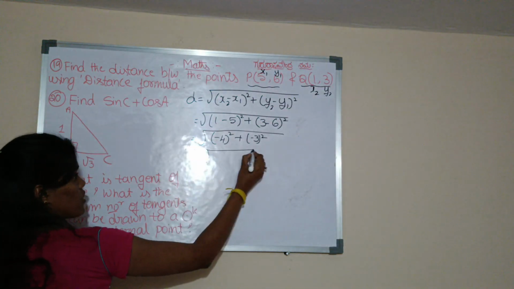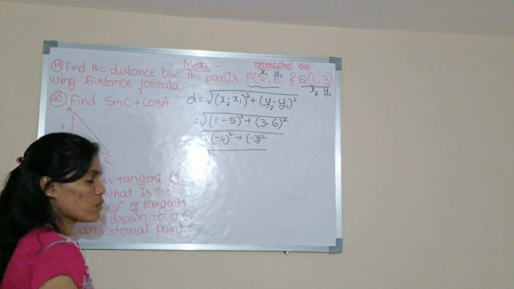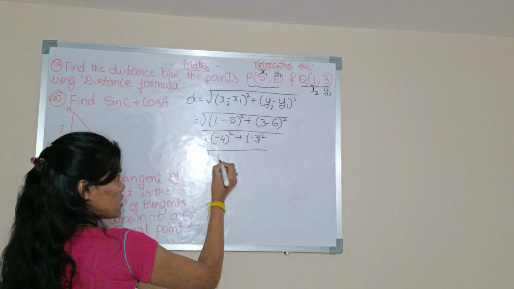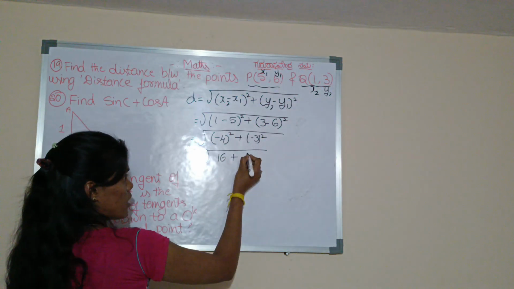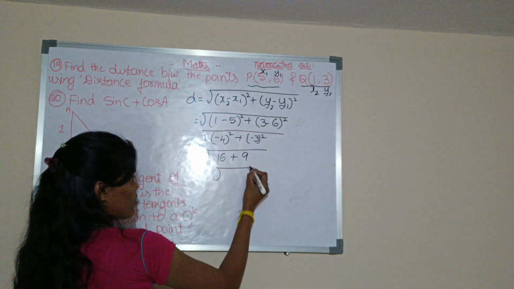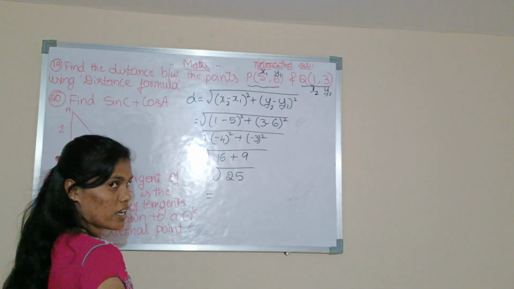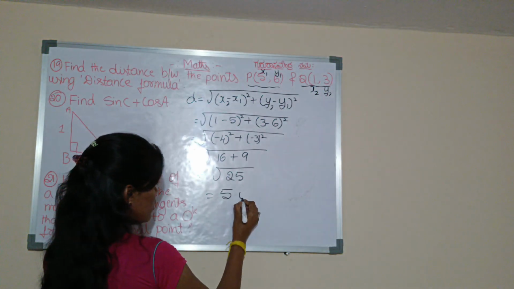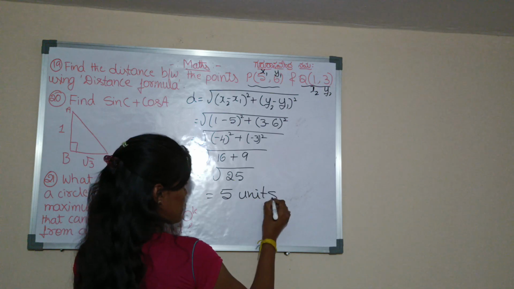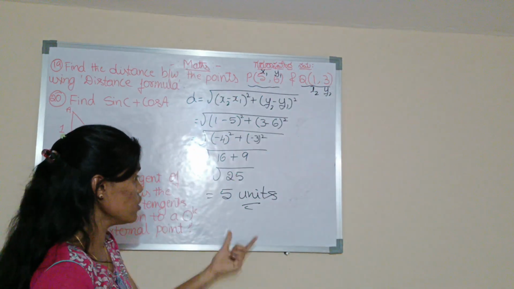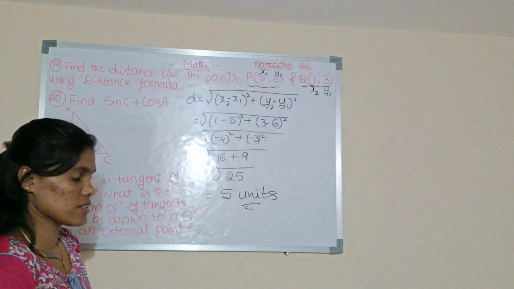Minus 4 into minus 4 is 16. 3 square is 9. Square root of 16 plus 9, that is 25. 25 is a square number, that is 5. So the distance between these 2 points, P and Q, is 5 units.